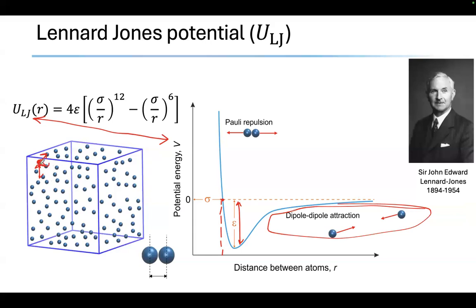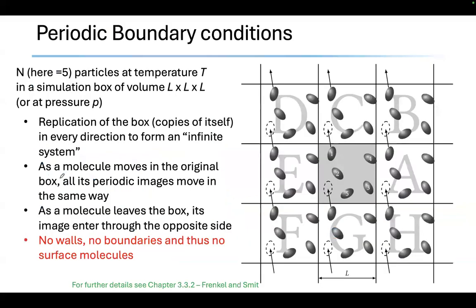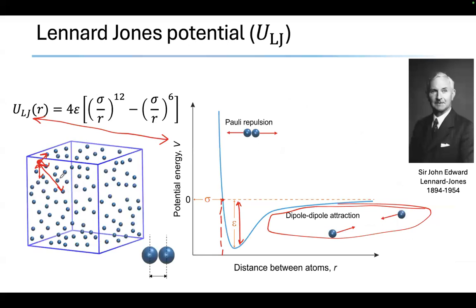But if the box is very small, then you have a lot of surface effects, which means that there are more molecules on the surface, and it becomes an incomplete set of interactions that the molecule has to interact with.